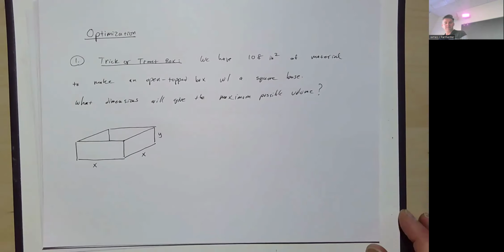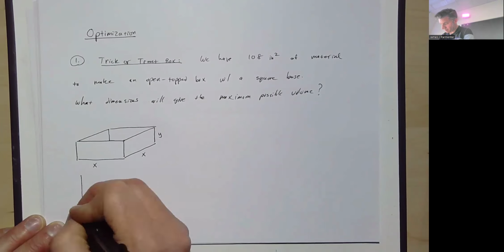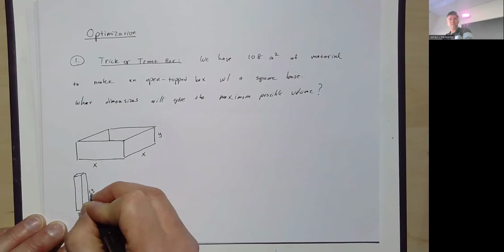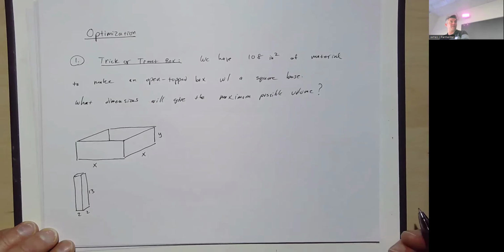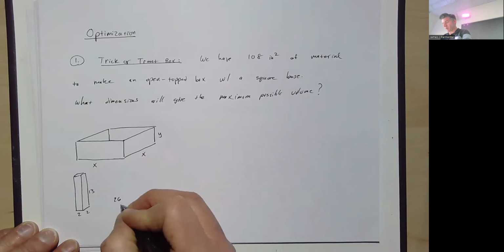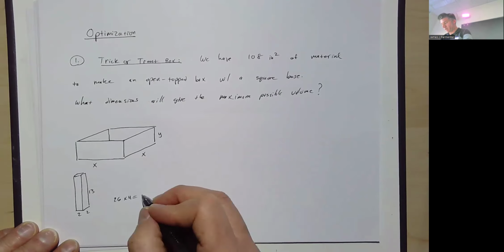I will point out there's lots of different boxes we could construct that would meet our constraint. We could have a box that's, say, 2 inches by 2 inches by 13 inches. That box has the right amount of surface area. This front face here is 26 square inches. There's 4 of them, which is equal to 104.